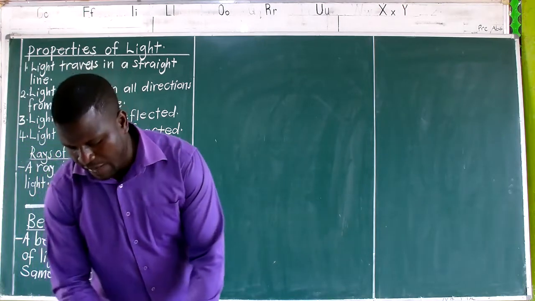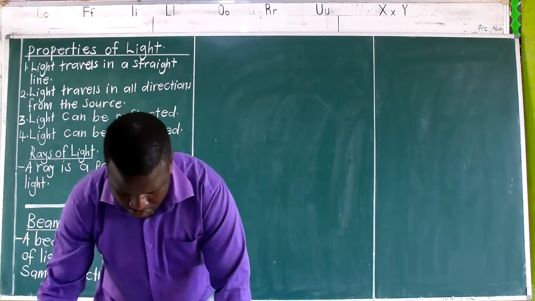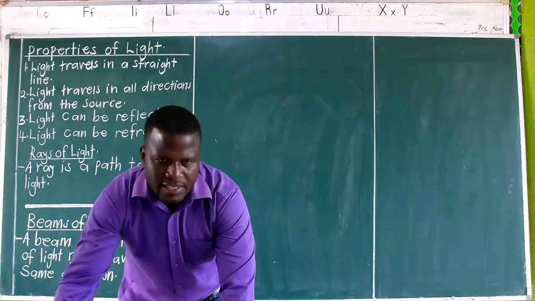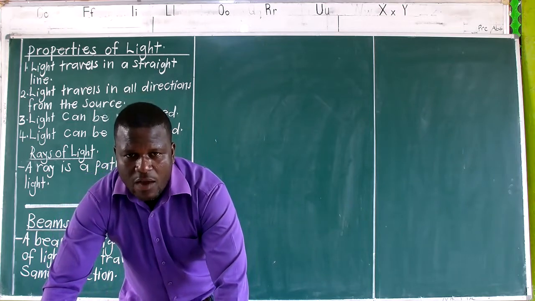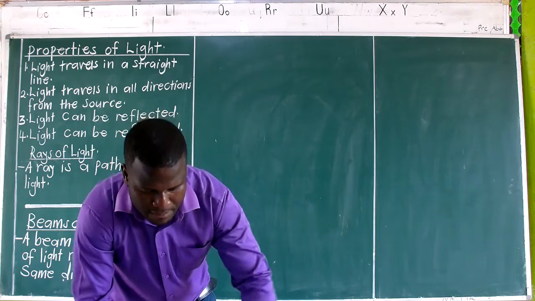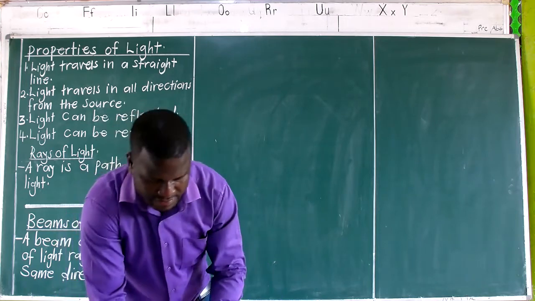So a group of light rays traveling in the same direction, they form what you call a beam. So one light ray is a ray. Then a group of light rays form what you call a beam of light.